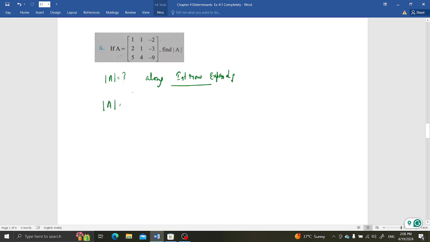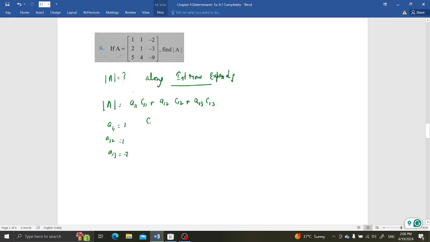Determinant of A is A11 C11 plus A12 C12 plus A13 C13. What is A11? 1. What is A12? Also 1. What is A13? That is minus 2.